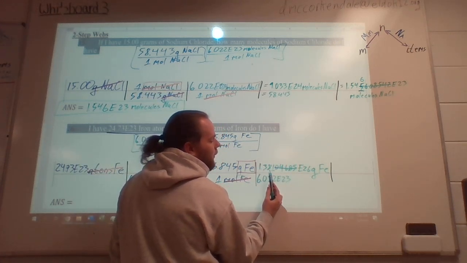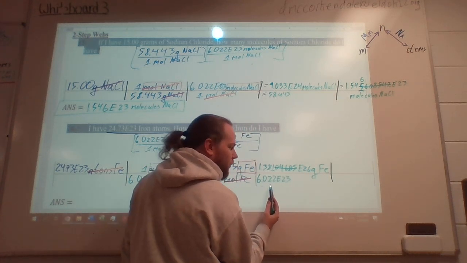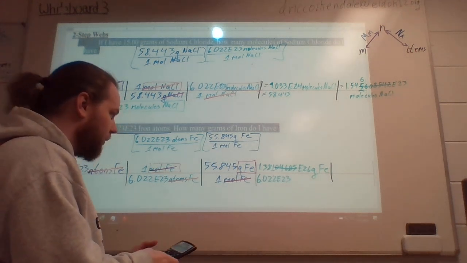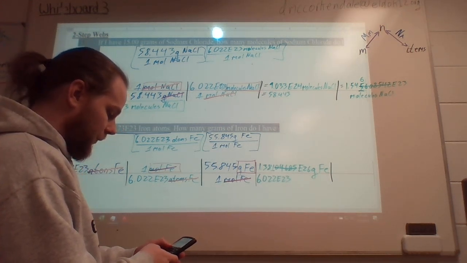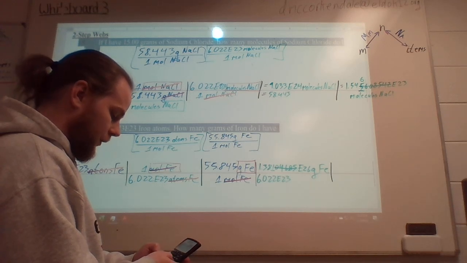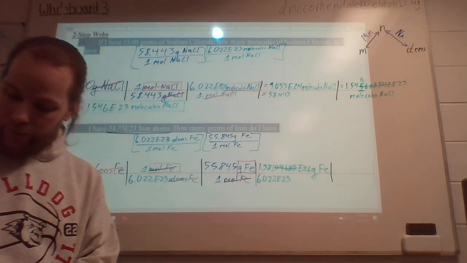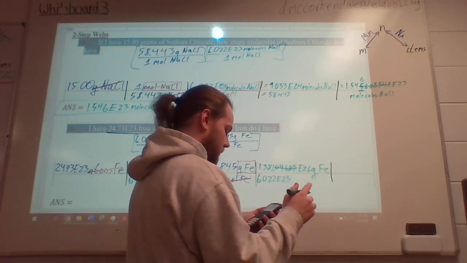Okay, so we have 1.381 E26 over 6.022 E23, which will go back into the calculator. 1.381 second E26 divided by 6.022 second E23. That's not right.